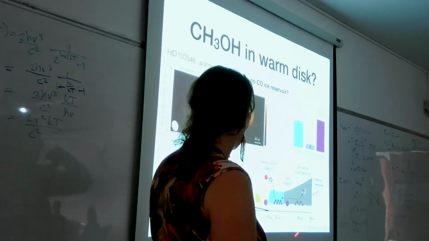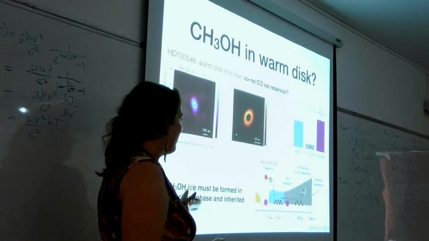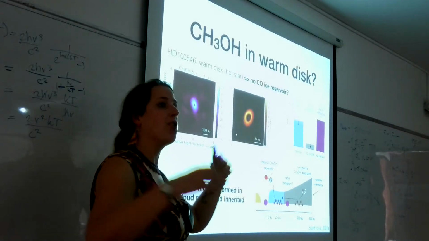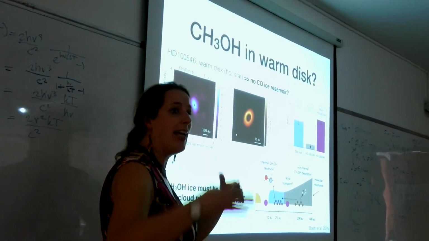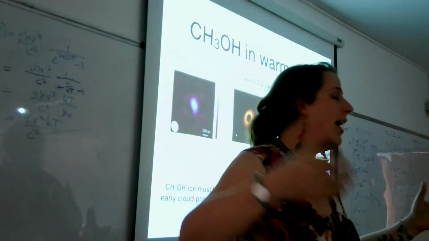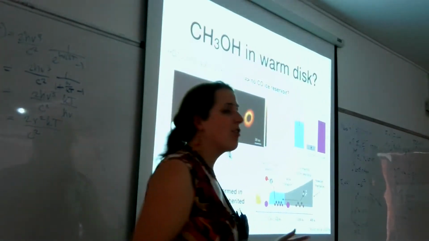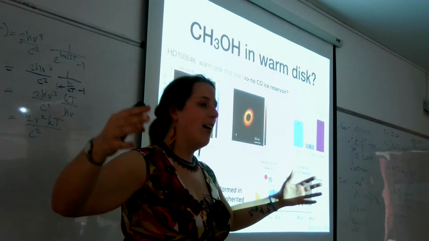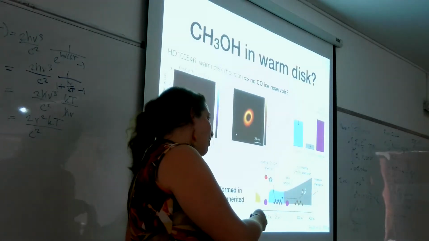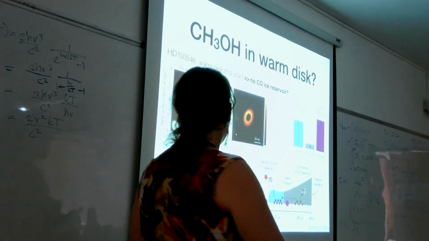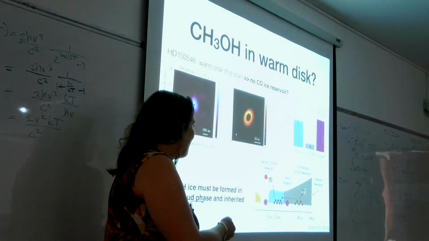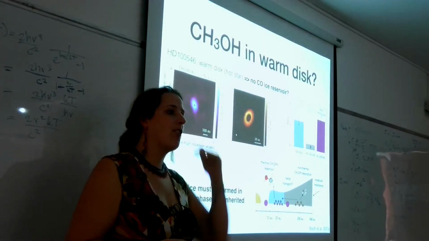So what they proposed was that the methanol must have formed in the early dark cloud stages, in the ices in the dark cloud, and that those icy pebbles ended up in the disk, drifted inwards, again, just evolution plays a role, and then drifted inwards towards the point where they were sublimated.